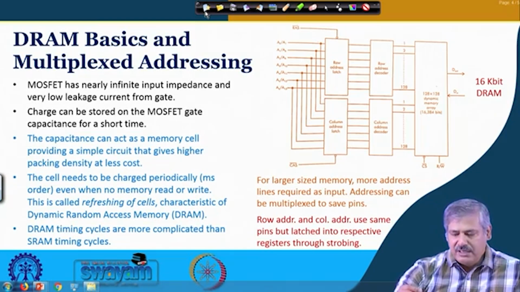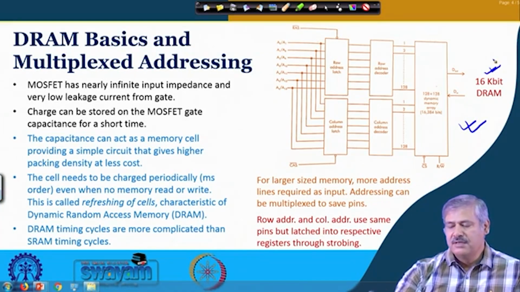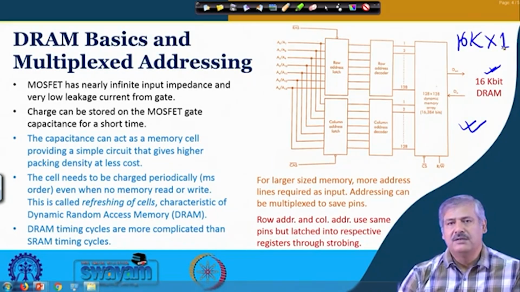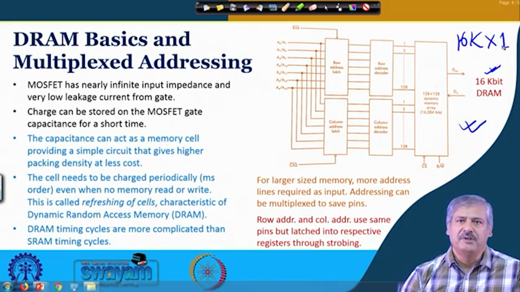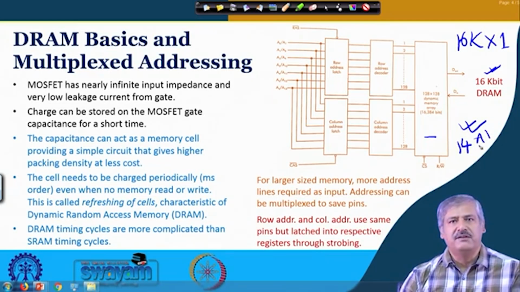Here you can see one such example where we are trying to address a 16K into 1 memory block. 16K means you need 14 address pins, 14 address lines, 14 bit address.